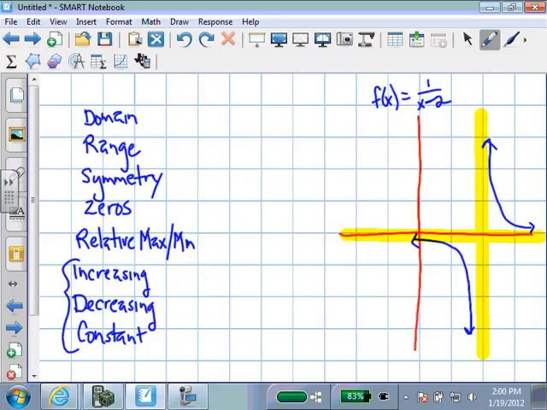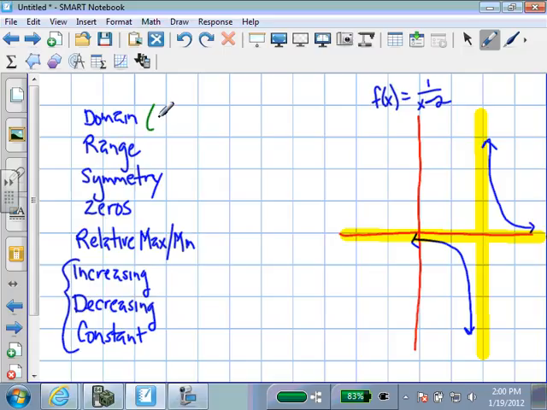Okay, here's another graph. This graph shows f of x equals 1 over x minus 2. And so the domain, well, let's see, the x values that get used are all of them up to 2, but 2 doesn't get used, as shown by the vertical asymptote. And then from 2 on.